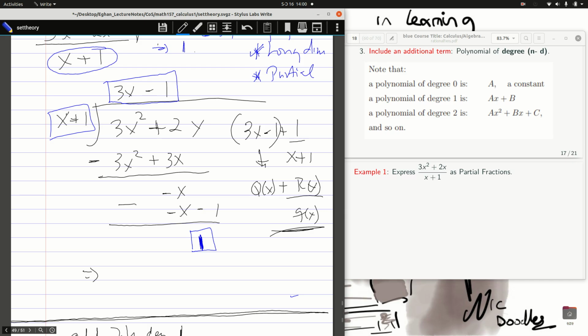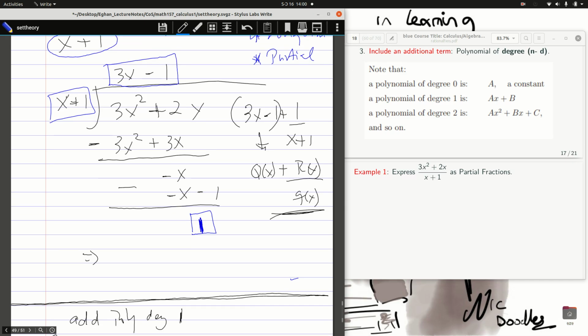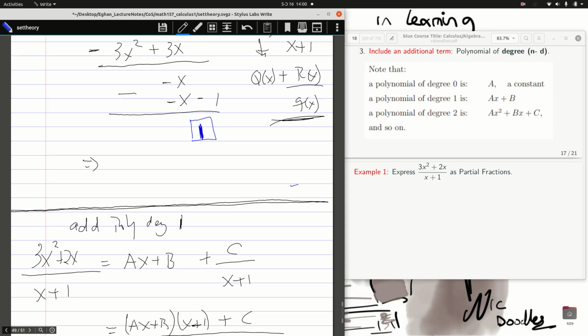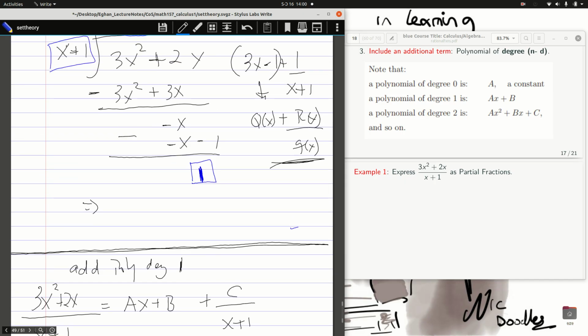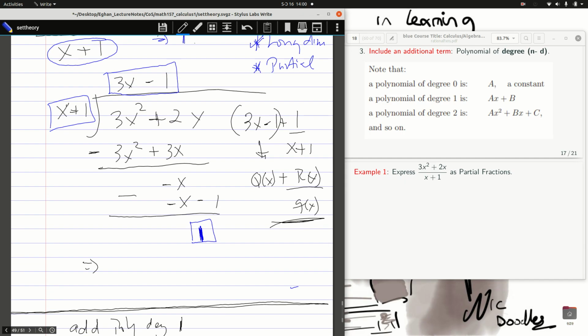If I don't want to use the long division approach, but it says use a partial form, that is the case 2 I'm trying to do now. I should have left more space. The question was 3x squared plus 2x all over x plus 1.